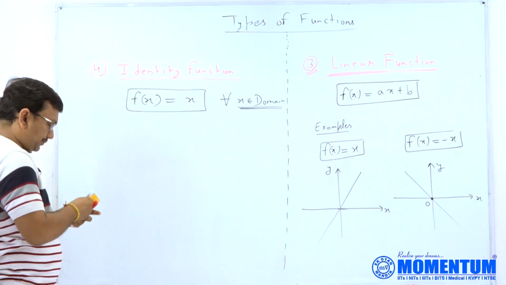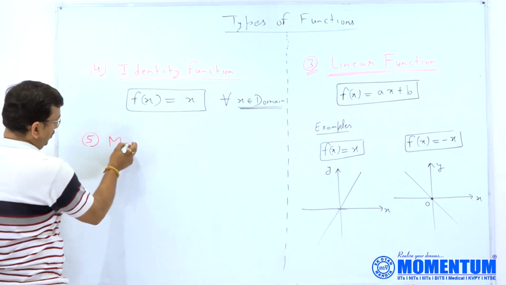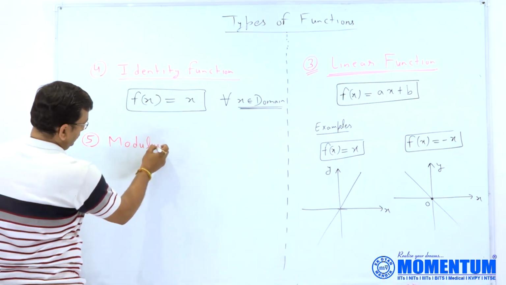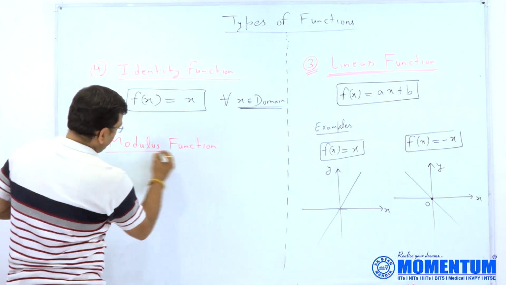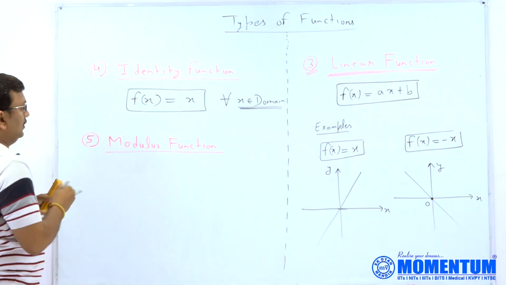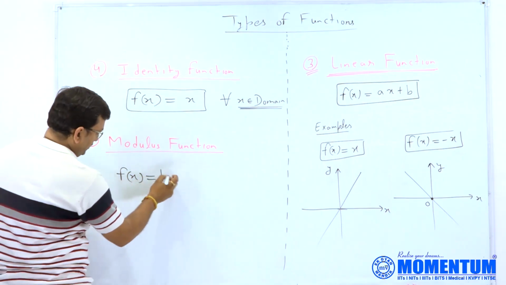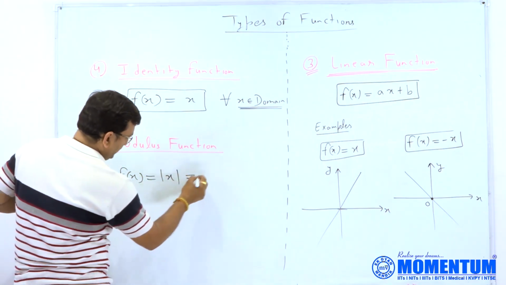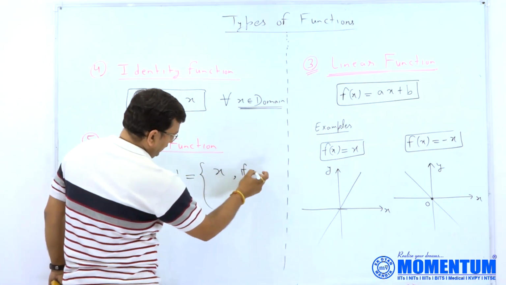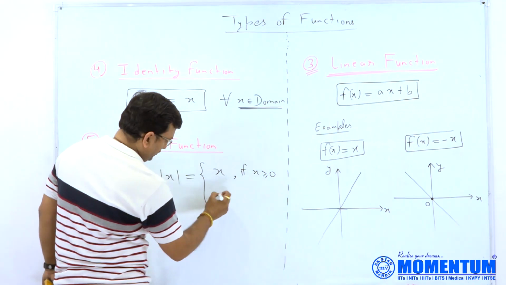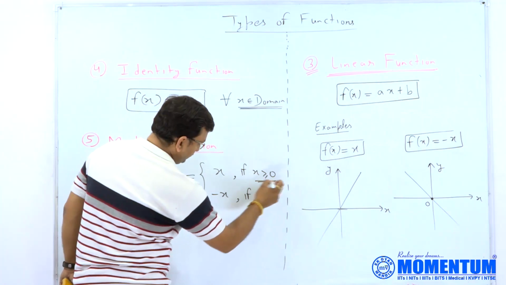Number 5 is modulus function. f of x is equal to mod x, which can be written as x if x is greater than or equal to 0, minus x if x is less than 0.